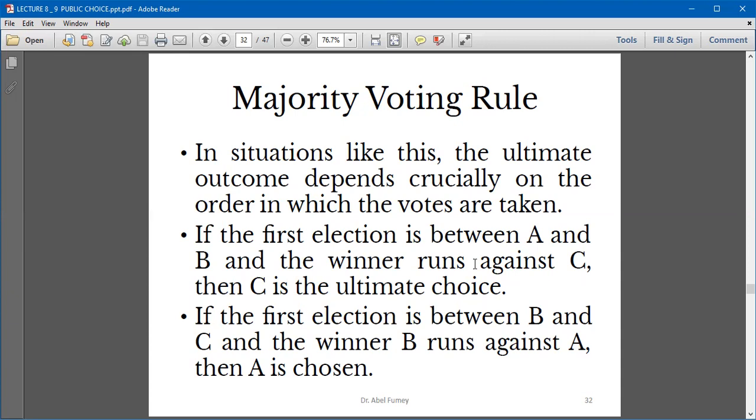So if this is the order of voting, that A goes with B, then the winner faces C, C is going to be the ultimate choice. You see how the order matters.